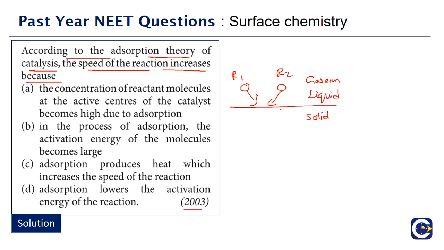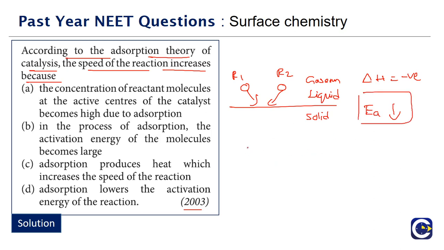When they are adsorbing on the surface of the solid, adsorption as such is an exothermic phenomenon. So delta H will be negative, and this energy released will actually increase the energy of the particles of reactant, thereby the activation energy value, which is the energy required for the particles to reach the energy level of the intermediate stage, will be decreased.